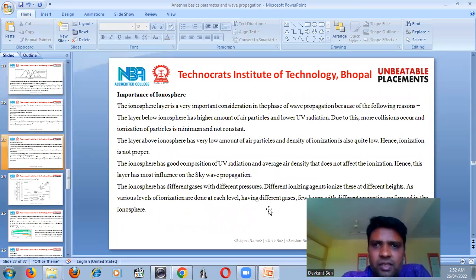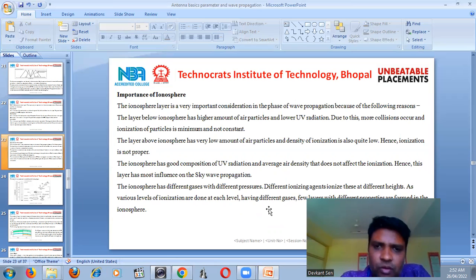Importance of the ionosphere. The ionosphere layer is a very important consideration in wave propagation because of the following reasons. The layer below the ionosphere has a higher amount of air particles and lower UV radiation. Due to this, more oscillation occurs and ionization of particles is minimal and not constant. Second, the layer above the ionosphere has a very low amount of air particles and the density of ionization is also quite low.